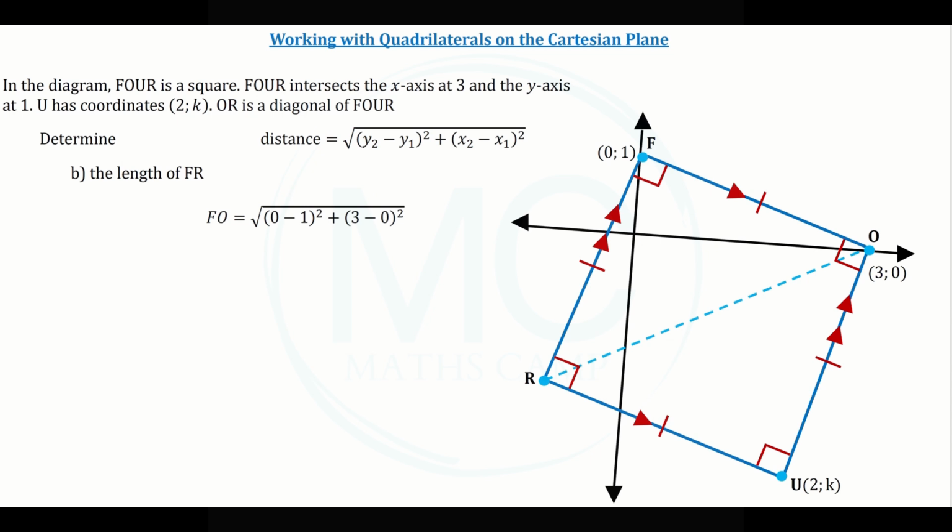Negative 1 squared is simply 1 plus 3 minus 0, which is 3 squared, all under a square root.